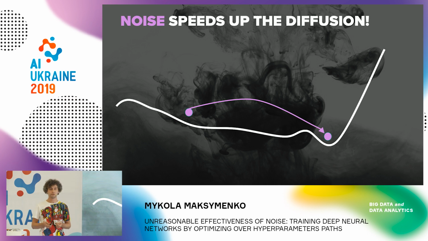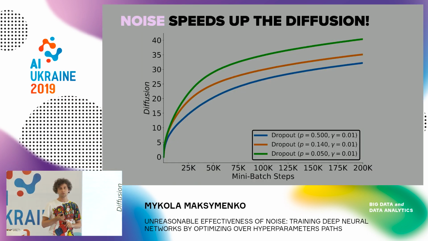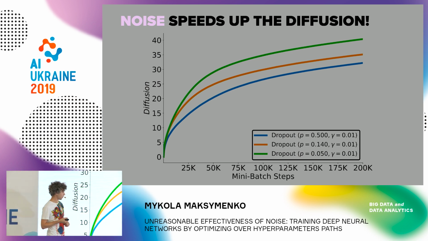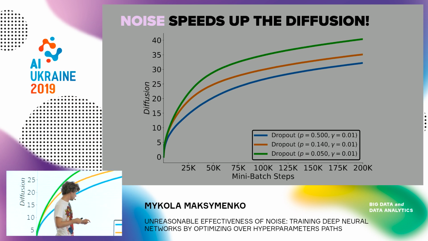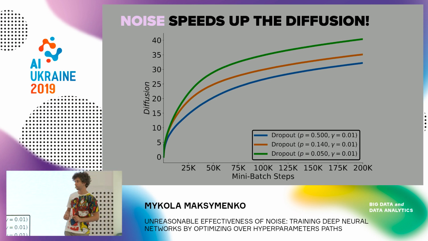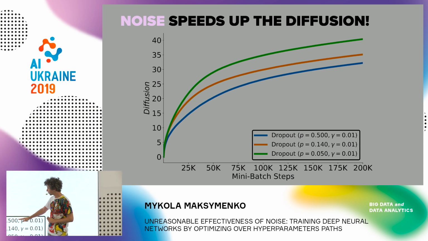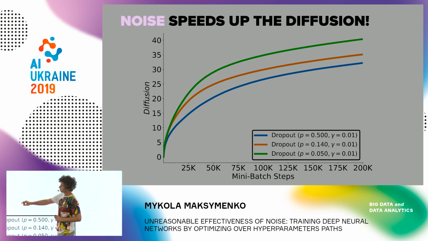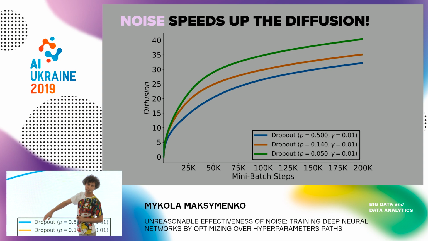And we tested that, and we see it in terms of dropout, for example. This is, I think, a LeNet network trained on CIFAR. And we have different levels of dropout here. When we start to increase dropout, we see that diffusion actually increases, so it becomes faster.